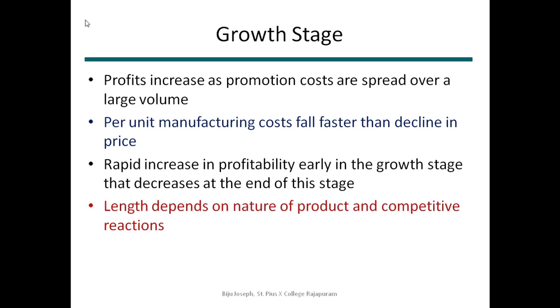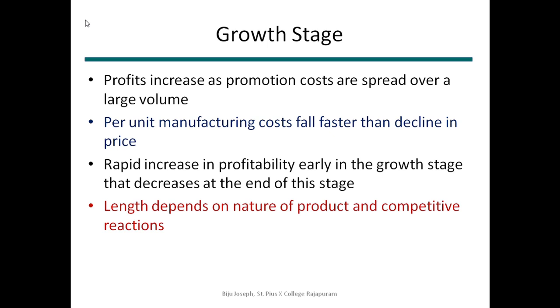Length depends on nature of product and competitive reactions. The length of growth stage may depend on the nature of product. Certain products may have a very lengthy growth stage, but some other products may have a very short growth stage. So the length of growth stage depends on nature of product and surely competitive reactions.